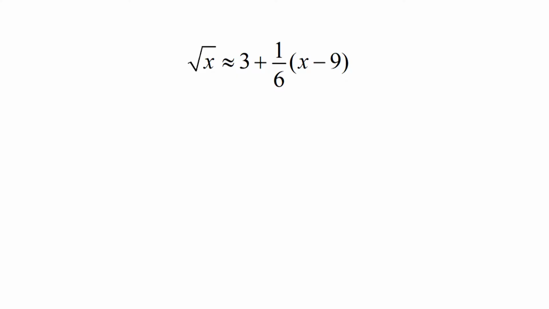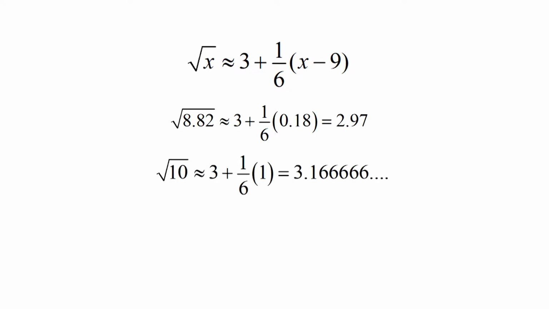Similarly, putting x equal to 8.82 and x equal to 10 in the expression square root of x approximately equal to 3 plus 1 by 6 times x minus 9, we find that square root of 8.82 is approximately equal to 3 plus 1 by 6 times 0.18, which is 2.97, and square root of 10 is approximately equal to 3 plus 1 by 6 times 1, which is 3.1666 and so on.